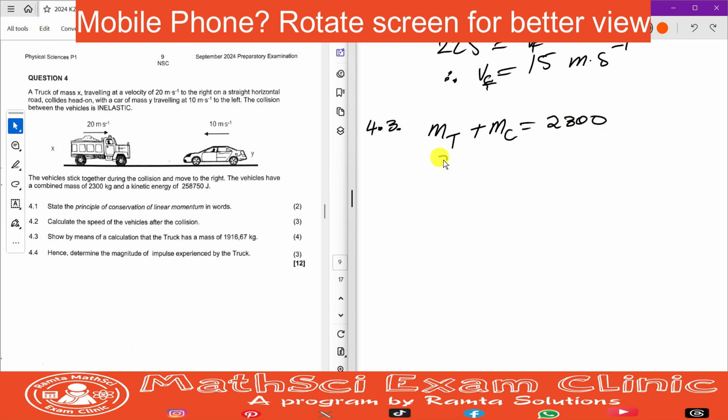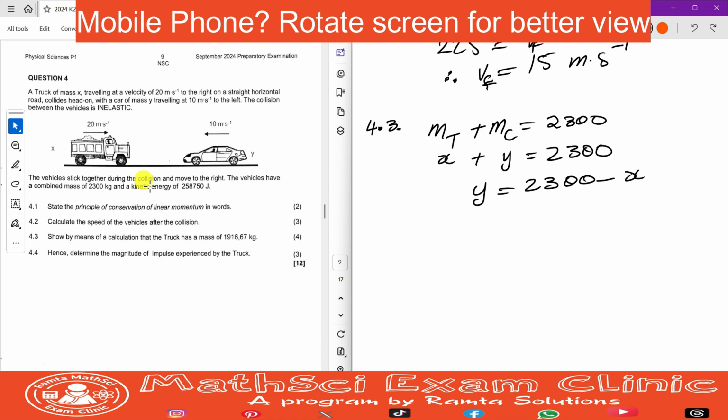Mass of the truck is called X, mass of the car is called Y. Because we are looking for mass of the truck, wherever I see mass of the car, I will be seeing 2,300 minus x.